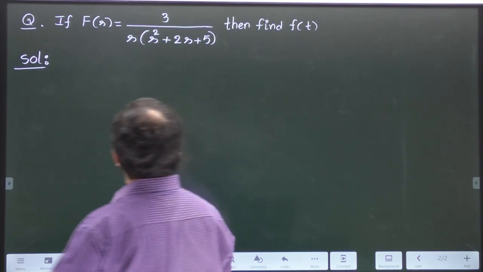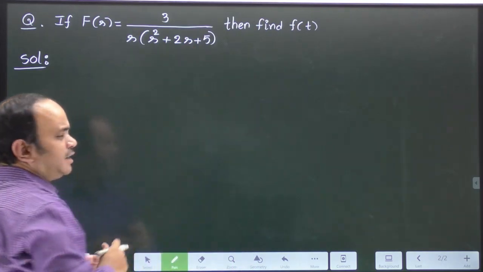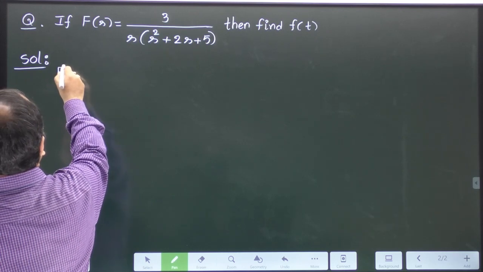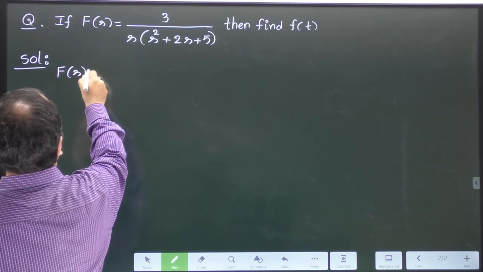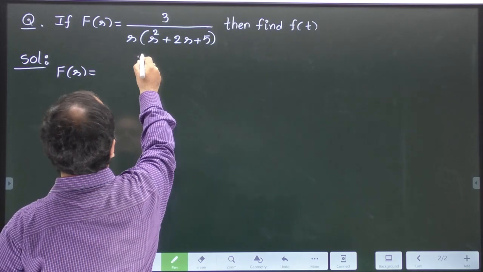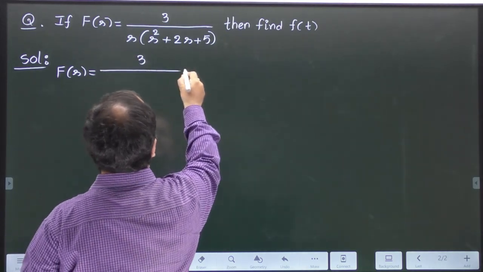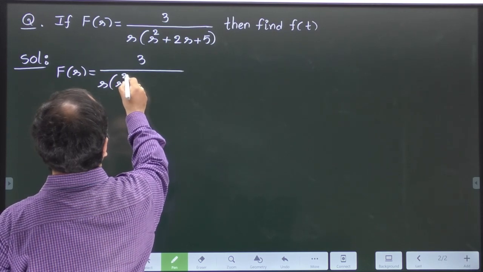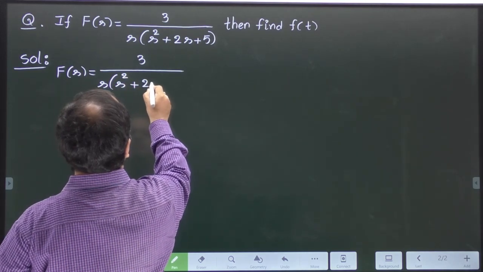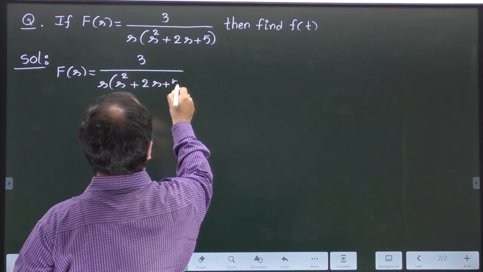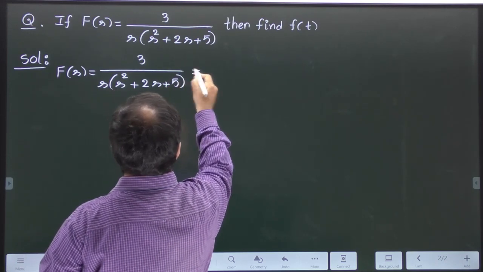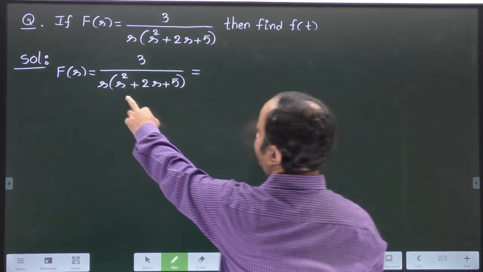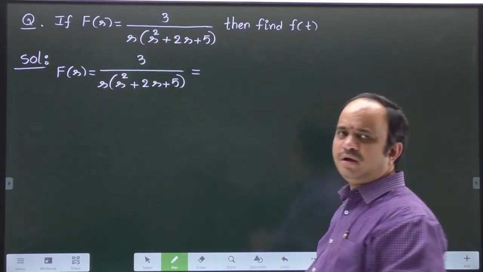Now, let us see here. When the roots of the denominator polynomial are complex numbers, how do we express it in partial fractions? First, let me write down the given function: 3 by s into (s square plus 2s plus 5). So, the denominator roots are complex numbers.